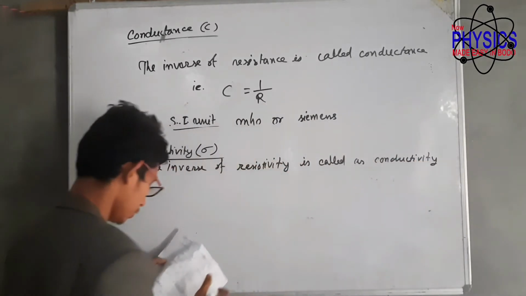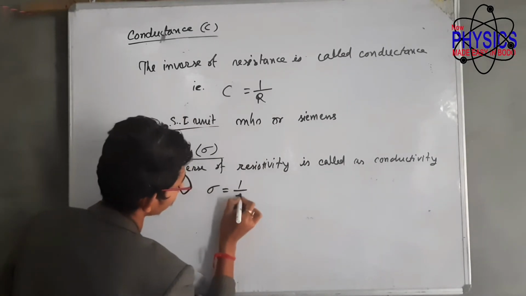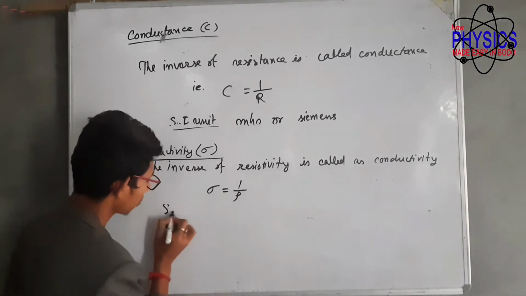Conductivity is sigma equal to 1 by rho. Then what will be the SI unit?